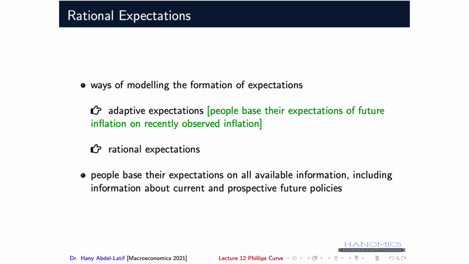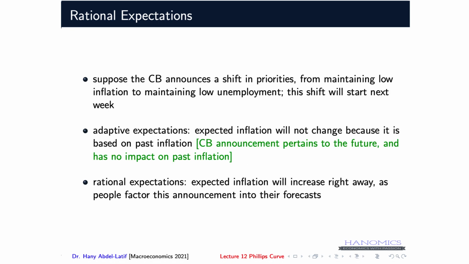As an example, suppose the central bank announced a shift in priorities. They were focusing on low inflation in the past, but now they want to maintain low unemployment, which means they will tolerate a higher level of inflation. And this shift will apply from next week.